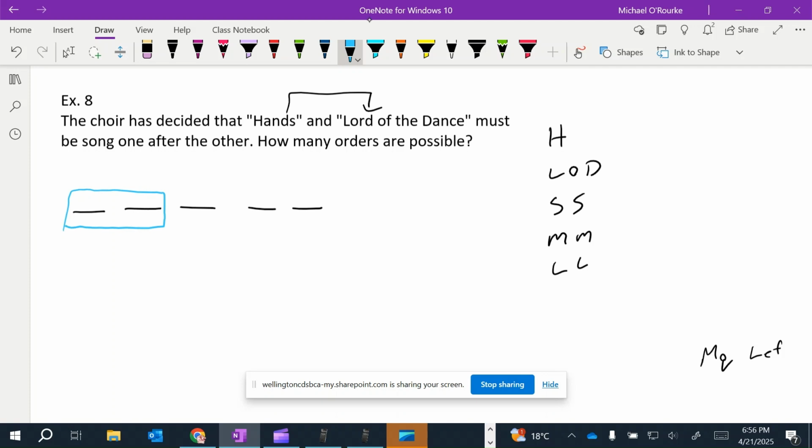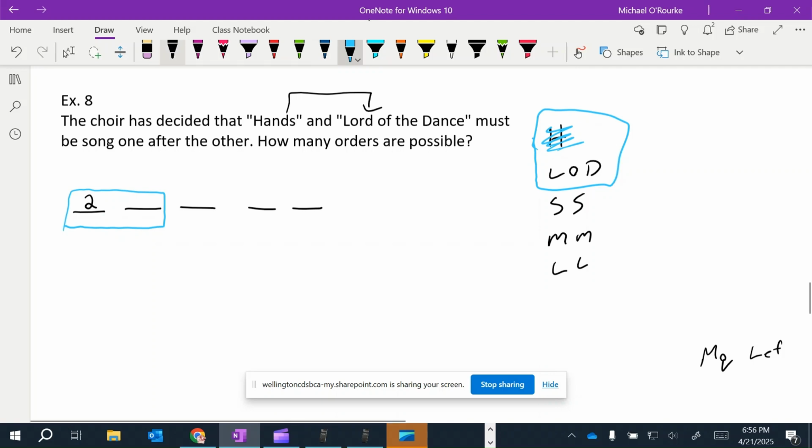And Lord of the Dance and Hands are going to go in the box. Now, I didn't say which one has to go first. So Lord of the Dance could go first, or Hands could go first. So within this box, there's 2 options to go in that spot.